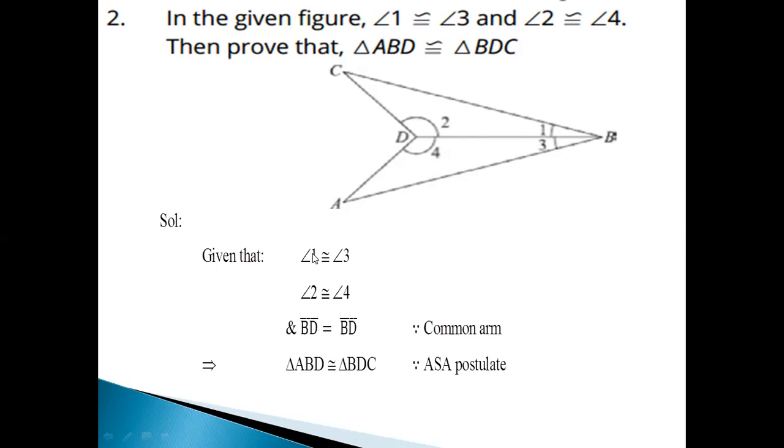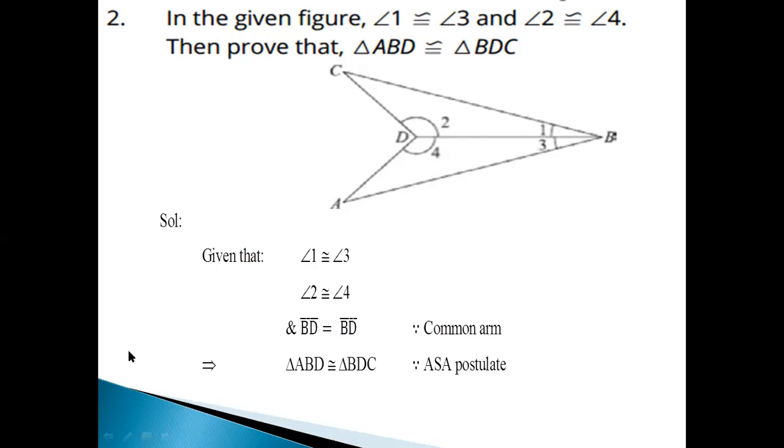Here, angle 1 and angle 2 of the same triangle, so two angles and one side congruent, so both triangles will be congruent, and that is the angle side angle postulate.